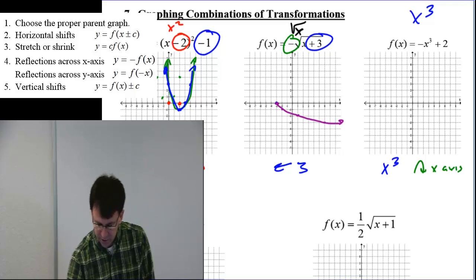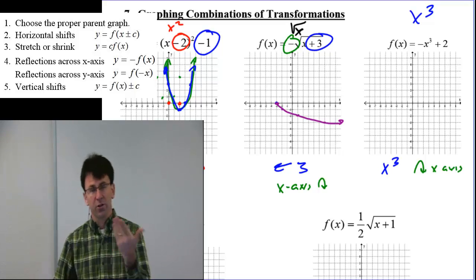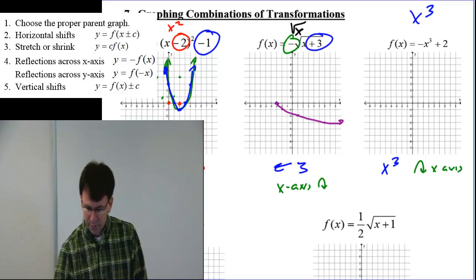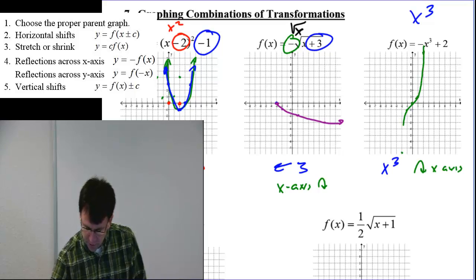I should have probably written that here: x-axis reflection that happened. Well, this is where I'm going to start with x to the third. So I'm going to take my parent graph that would have been 2, 8. And again, this time in my demonstration of this one, I'm using square graph paper instead of rectangular skewed graph paper.